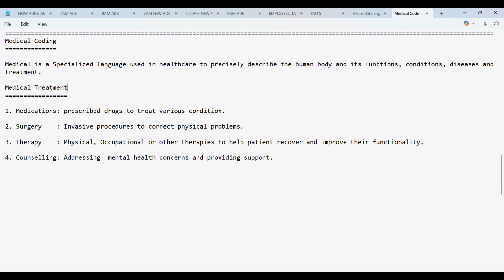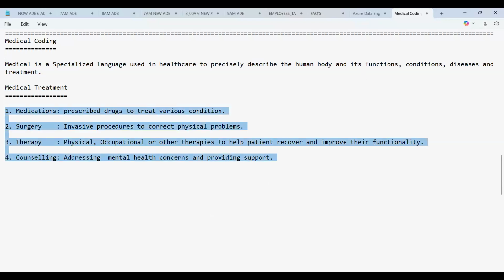And when you talk about medical treatment, it is classified or divided into 4 different categories: medication, surgery, therapies, and counseling. These are the 4 different methods of treatments.